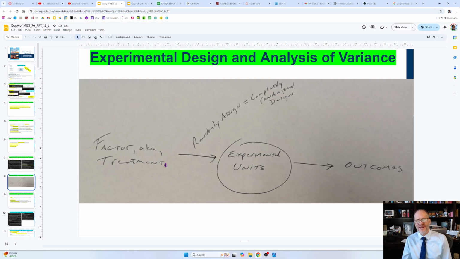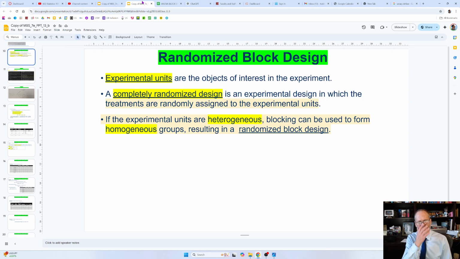You assign those treatments randomly to people, who are called experimental units, weirdly enough, in statistics. Then you measure the outcomes. Did some treatment actually lead to weight loss? That'd be a horrible study because there'd be all kinds of random stuff. How could you control it? There are ways.